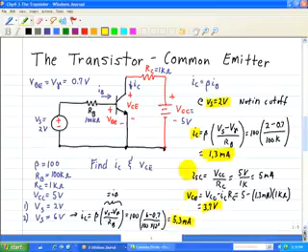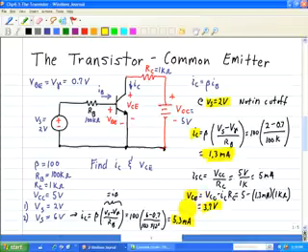Now we compare it to our collector current for the short circuit case, which is 5 milliamps. Because our collector current is greater than our short circuit current, we can say that the transistor is in saturation mode.